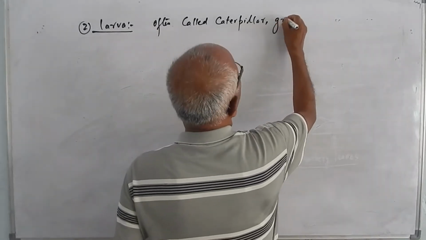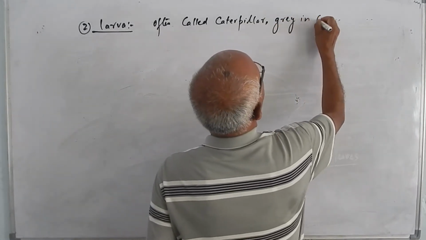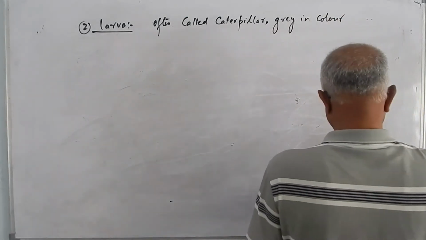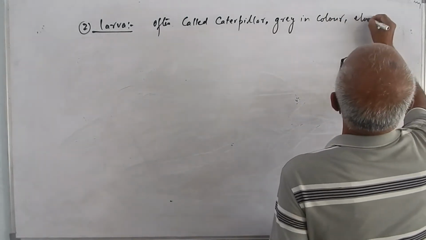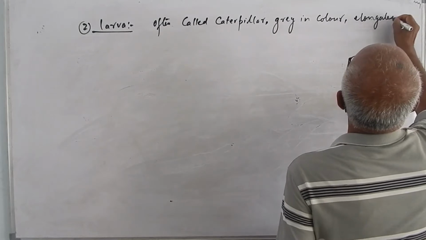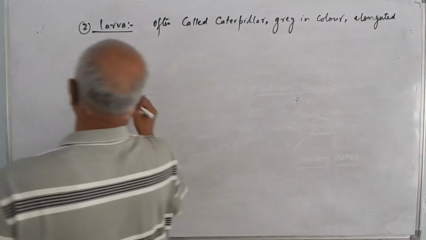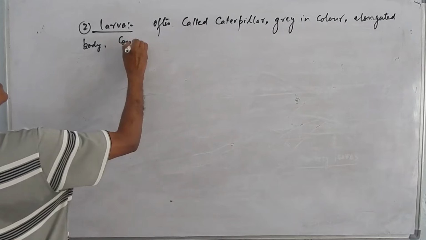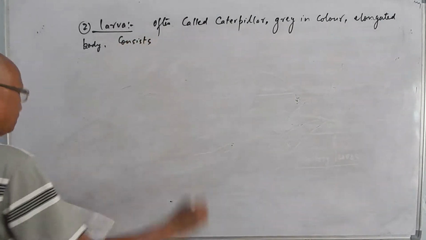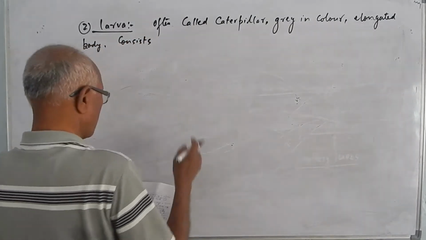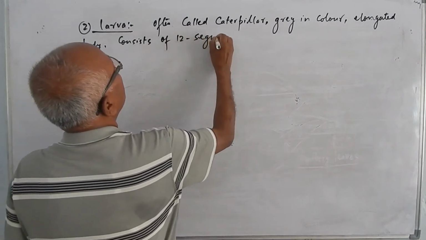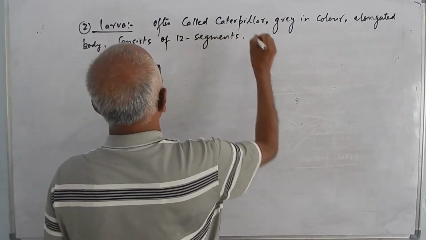It is grey in color, with an elongated body, and consists of 12 segments.